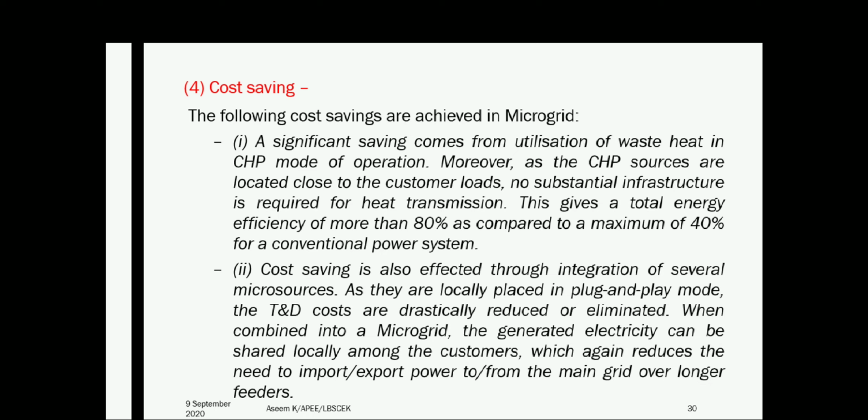They can manage themselves. The integration of microgrids can effectively reduce the cost. So that is also one of the advantages of microgrids.